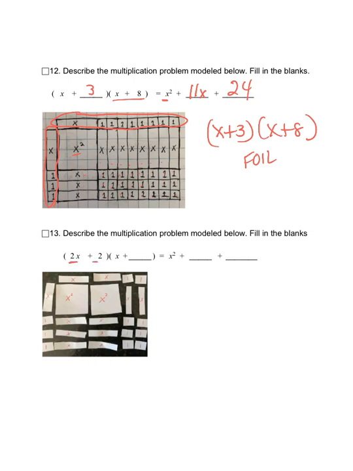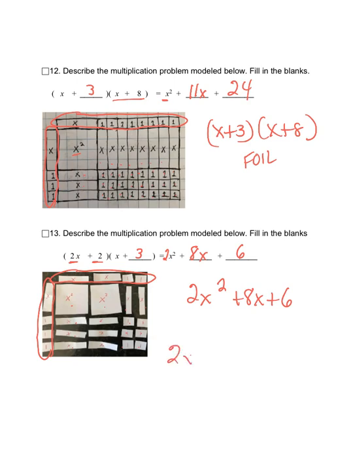Okay, last one. So this is 2x plus 2, which is represented right here. And then the second parentheses is x plus 3. Then I can just look at my picture. I have 2x squared, 8x plus 6. 2x squared plus 8x plus 6.